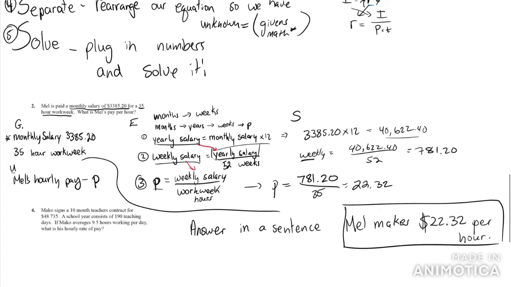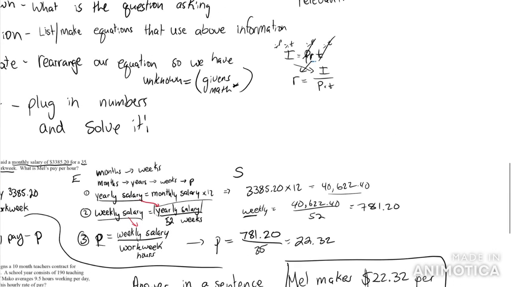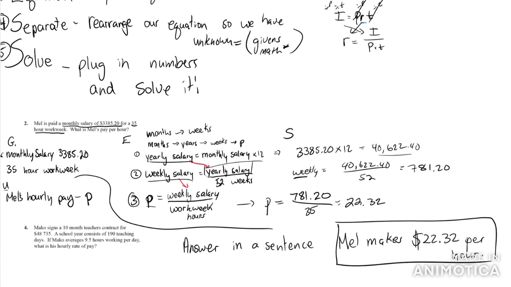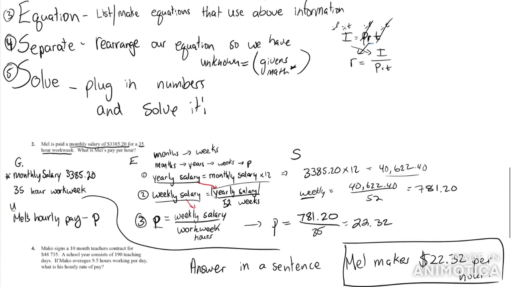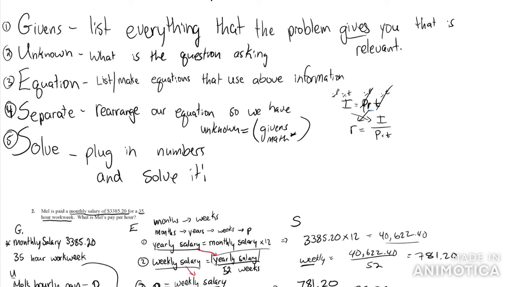So notice in this one, I had to make equations that work. In other ones, like simple interest, the equations will be given and you need to manipulate and work with them. But in a lot of cases, you may have to reason and make your own. So I find this way is really, really good for showing and breaking things down into steps.